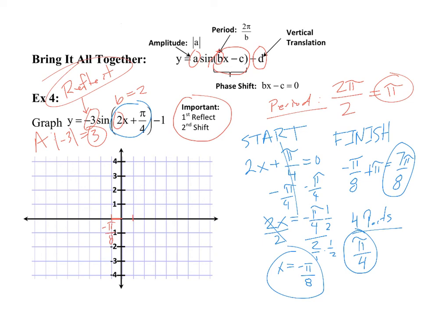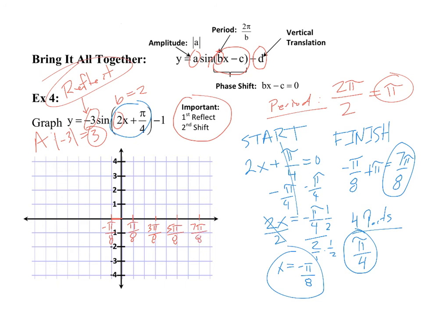So the next increment lies at positive pi over 8. Then I have 3 pi over 8, then 5 pi over 8, and then I finish at 7 pi over 8.